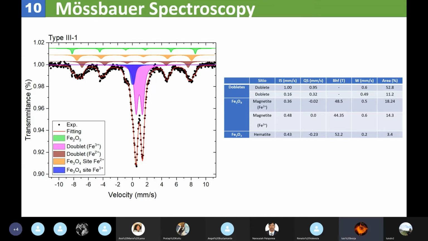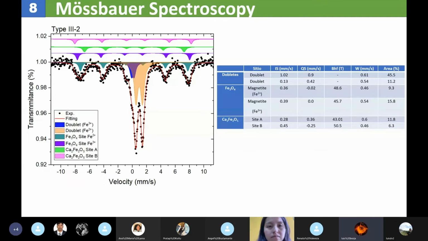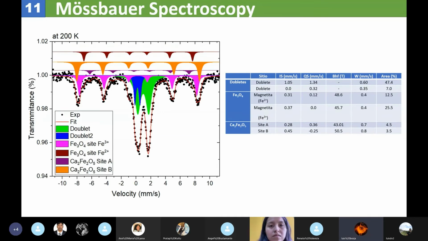In this case there is no single mineral that I can assign, but there is a suspicion that one could be wustite, as we detected in the X-ray diffraction, and the other may be magnetite, but nano-sized magnetite. Okay. Please, the next one.